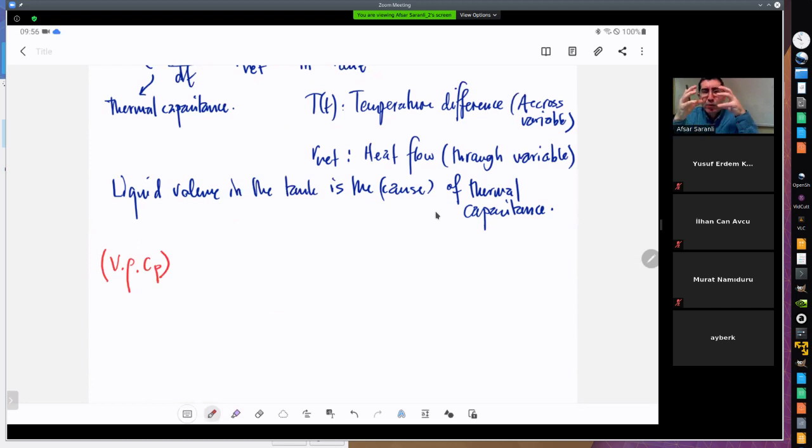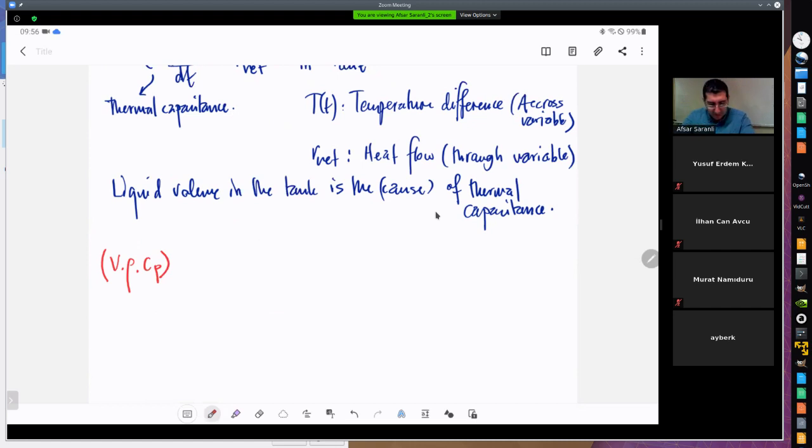This liquid is specially designed to be resistant to freezing, but also to store as much heat as possible, because it is supposed to remove the heat from the engine and have it cooled in the heat exchanger.